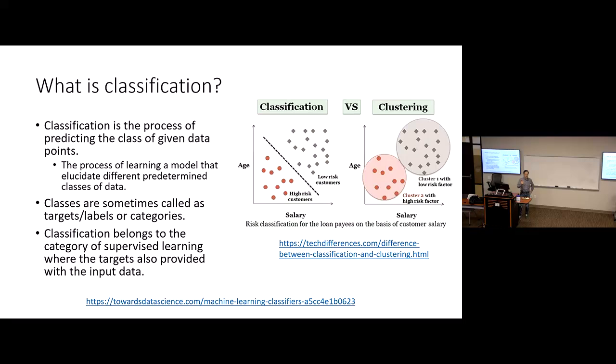As I said, it's a very important topic, not just for single-cell data analysis, but for the general machine learning field. So we know there are supervised and unsupervised algorithms. Clustering problems are unsupervised, so you don't need training data.